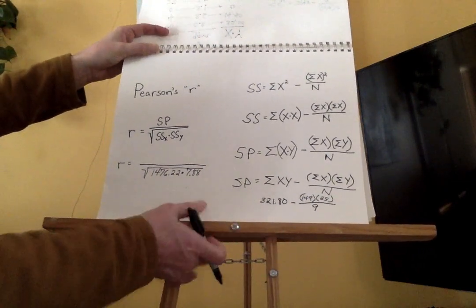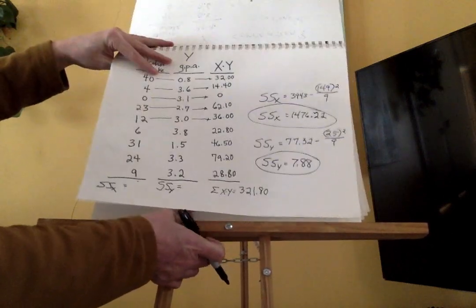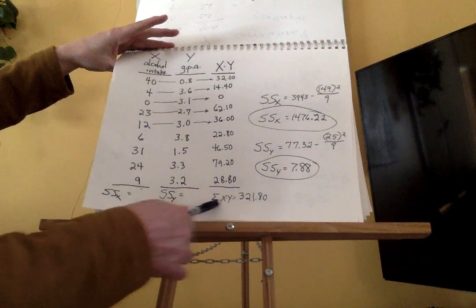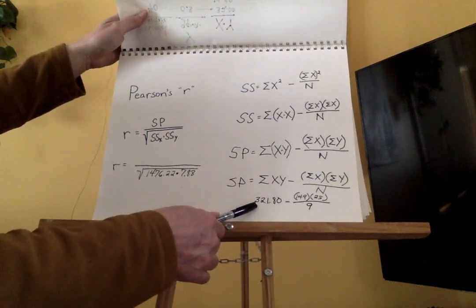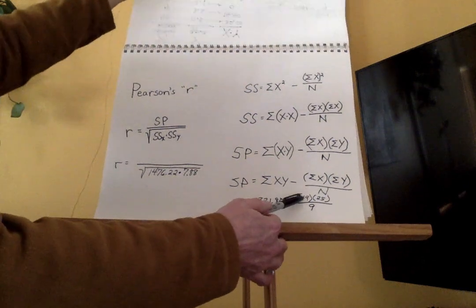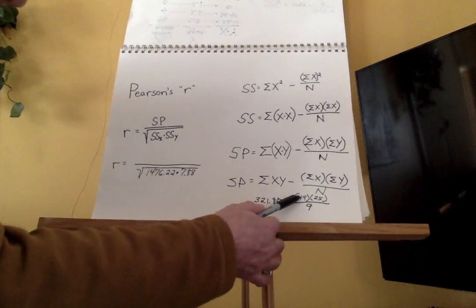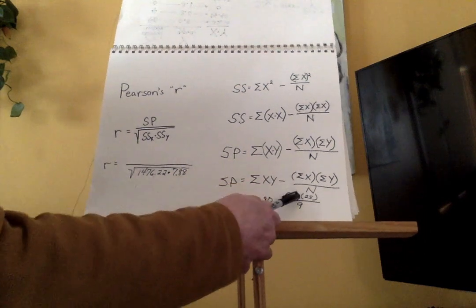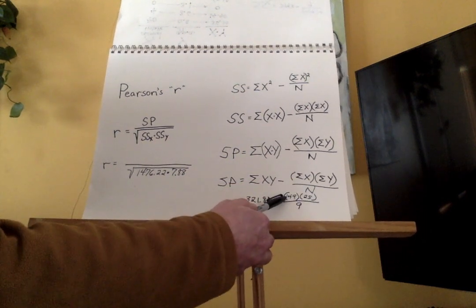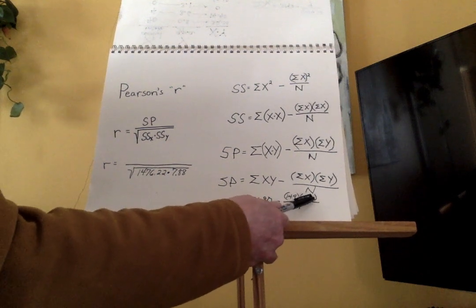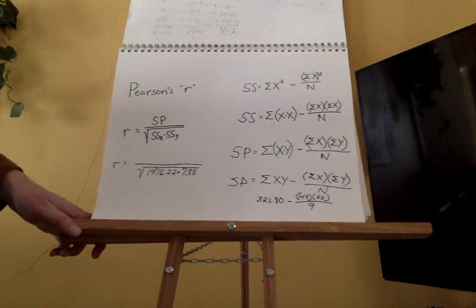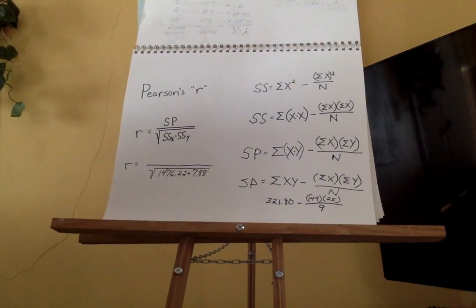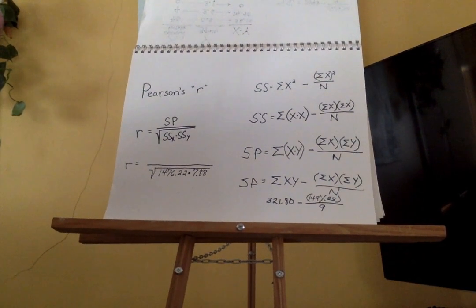This is the sum of all my x times y values. Once you get this, then you get the sum of the x times y, 321.8. This is the sum of the x's, okay? This is not the sum of squares, it's just the sum of the x values, 149, and the sum of the y values, 25, so we're going to multiply that together, okay? Let's do that: 149 times 25 equals 3725, divided by 9, okay?